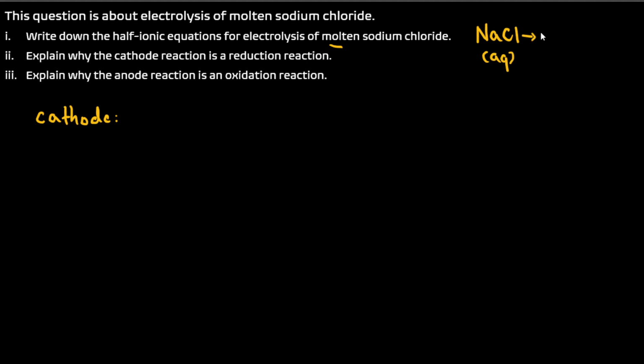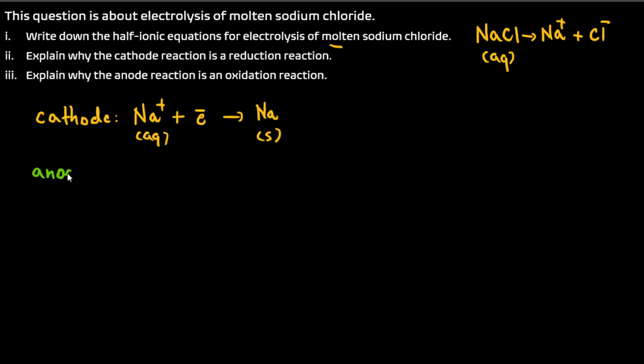And when it breaks down, it will be Na+ aqueous and Cl- aqueous. Cathode is a negative electrode, so your cation or positive ion will be attracted towards it. So Na+ aqueous will become sodium solid.